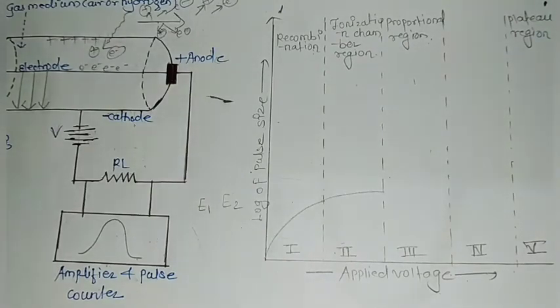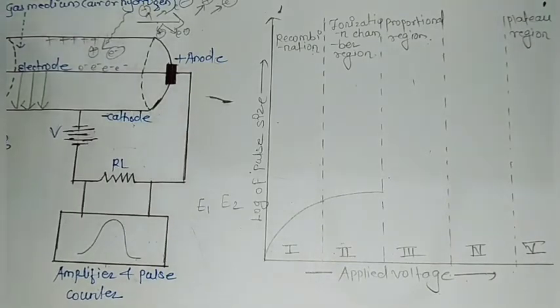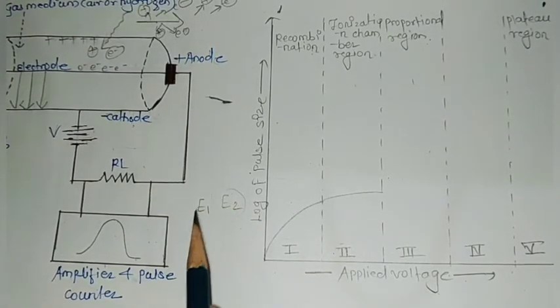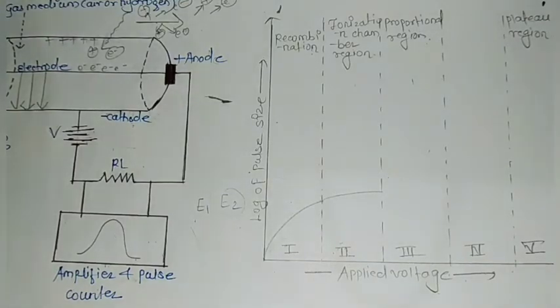In that case, the ionization is going to be greater, so the number of ions created will be larger in the case of E2 as compared to E1. You will see the same sort of behavior for the second particle. However, the current pulse will be greater for the second particle with increase in voltage.